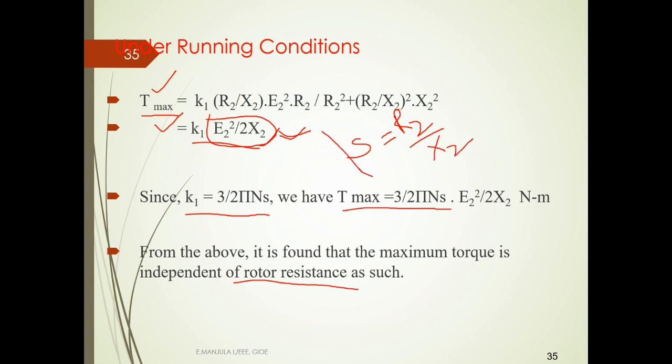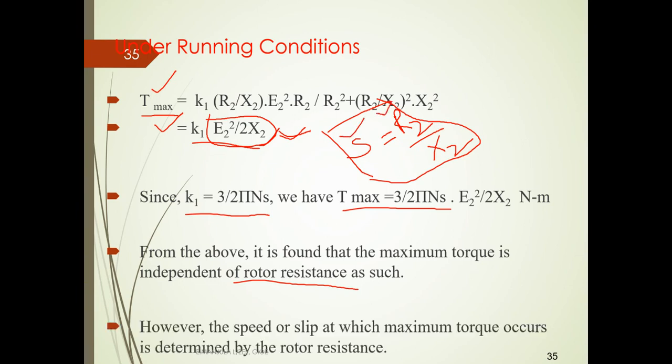This is the slip at maximum torque. So the slip we got at maximum torque is this one. Here the slip is dependent upon R2, whereas the torque is independent of R2. However, the slip at which maximum torque occurs is determined by the rotor resistance.